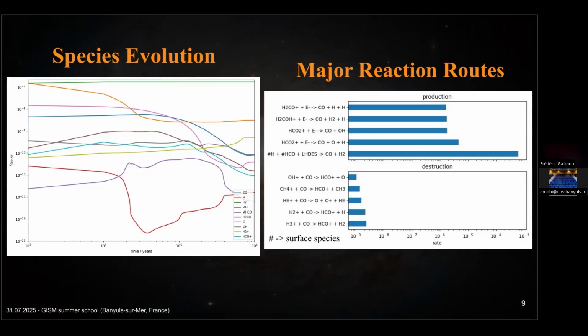But again, this is just one timestamp, and these reaction rates evolve with time. And on the left plot, we see the different species evolution with time that play a role in these reactions.